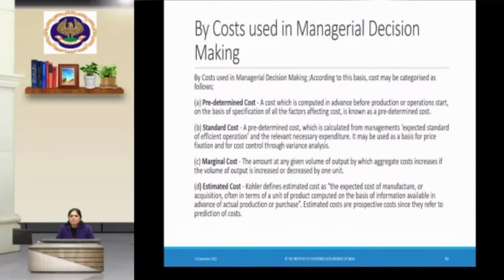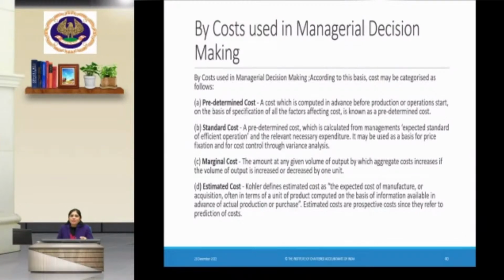Marginal cost is basically the increase or decrease in the cost by increase or decrease of 1 additional unit of production. So if I have produced 1000 units, the cost is 500. If I have produced 1001 units, then the cost is 550. So marginal cost is the extra cost which I have to incur because I have increased the production by 1 unit.